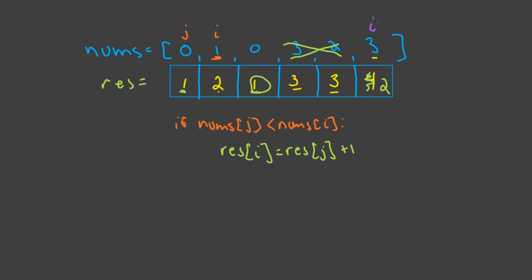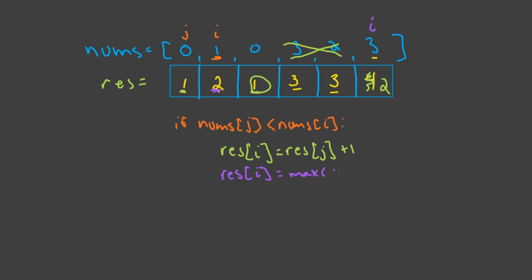Well, if this was our current iteration and we're iterating through every single number before that to check if it's smaller, then what we want to do is keep the greatest result. So really what we want is result at i and the max between all of the previous values that met this condition.